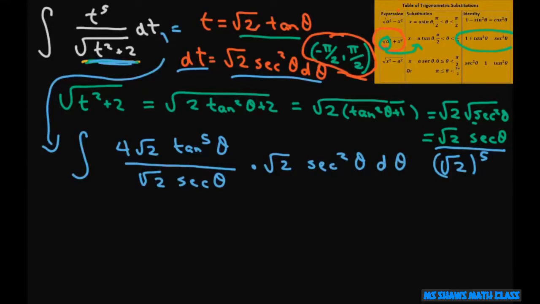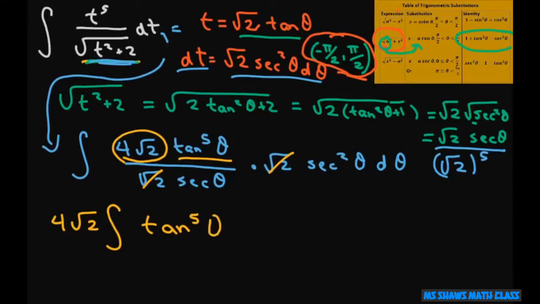Okay, simplifying that, let's see what cancels. These two can cancel, so I can bring this out. So this is going to be 4 square root of 2, and then I still have tan to the fifth power. This one's going to cancel, and this will just be 1. So that's it right there, d theta.